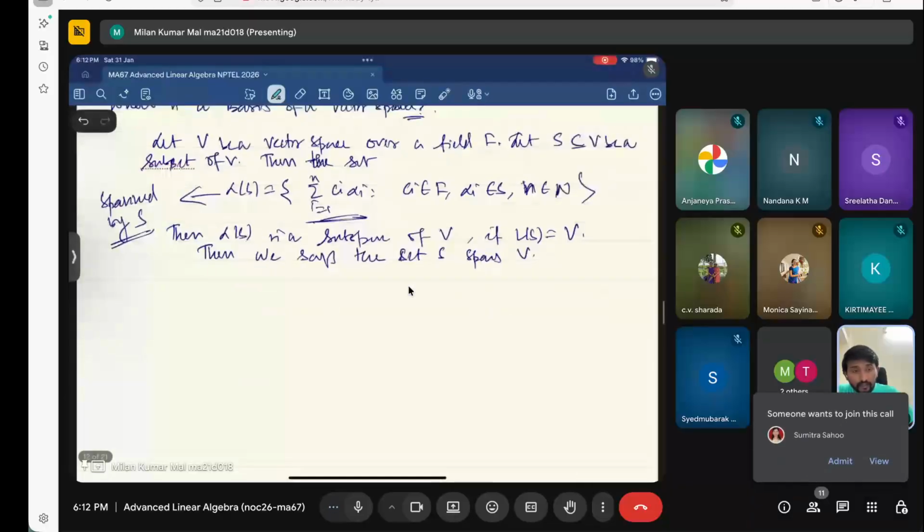Now another term is linearly independent. So what is linearly independent?